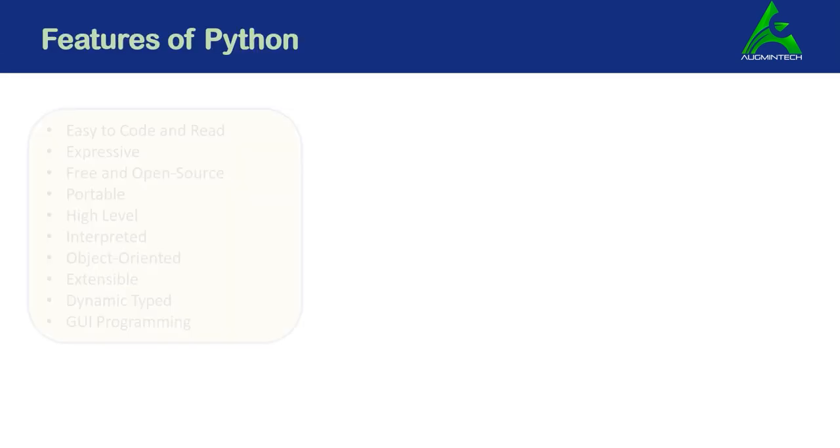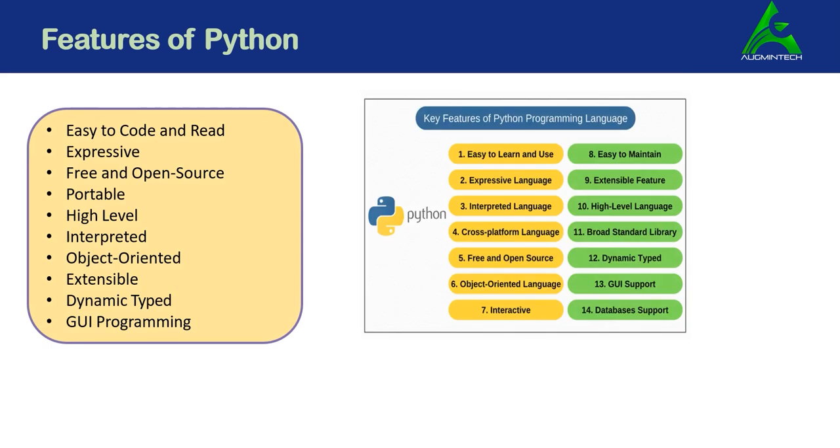That is why Python is very much expressive, and it is free and open source since its beginning. You don't have to buy a license or purchase anything; you just go to the official website, download and install the latest version of Python from there, and you can even contribute to the Python community. Then Python is portable.